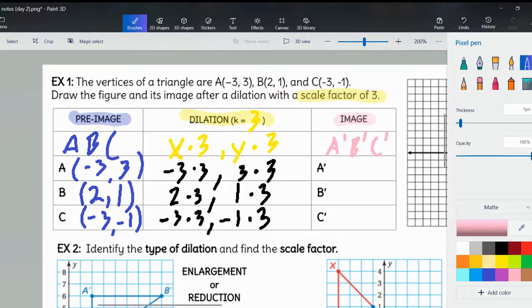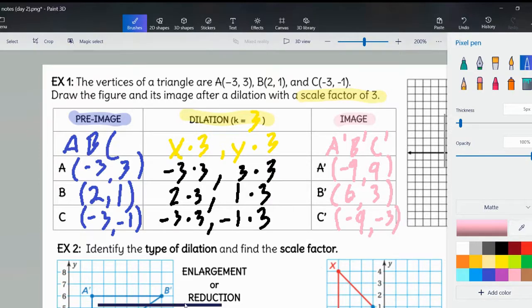Okay, so our A value is -3 times 3. Remember, a negative times a positive is always a negative. So -9. 3 times 3 is +9. 2 times 3, 6. 1 times 3, 3. -3 times 3, -9. -1 times 3, -3.